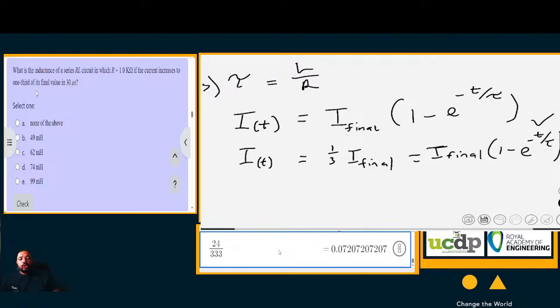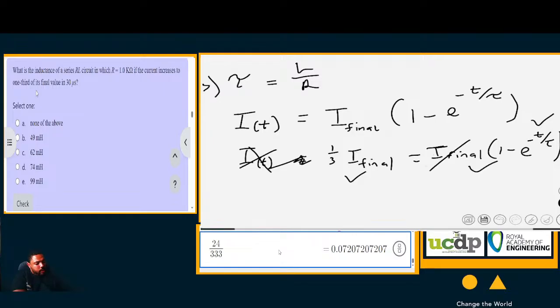Remember this is just a formula. This we can actually leave out. I just wanted to write it so you see where it comes from. The answer should be 1/3 of its final current if we use the formula like that.